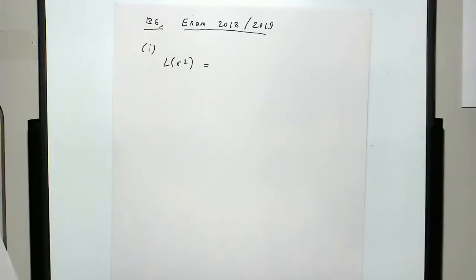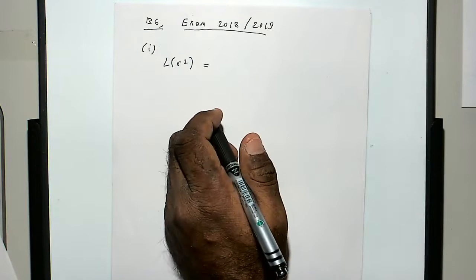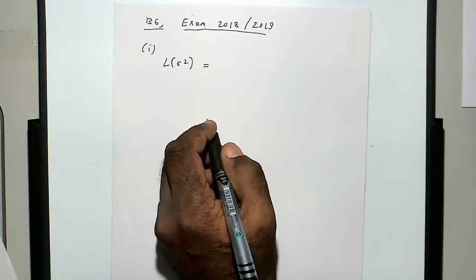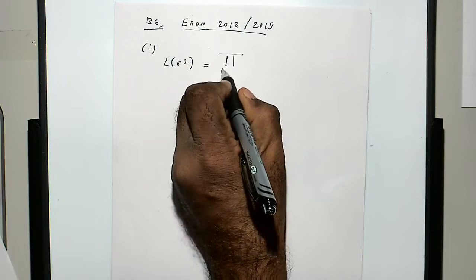Part 1 is to write down the likelihood function for sigma squared. So remember, because in this case you have a random sample x1 to xn, the likelihood function is going to be the product i from 1 to n.